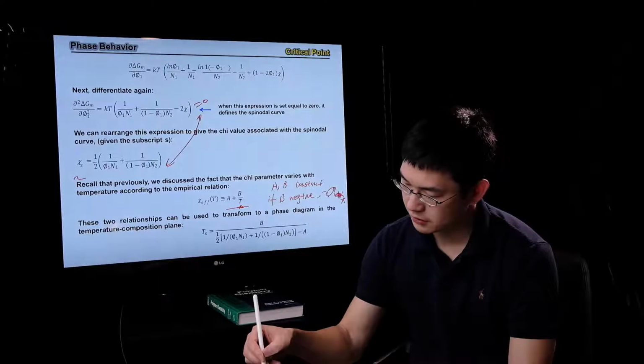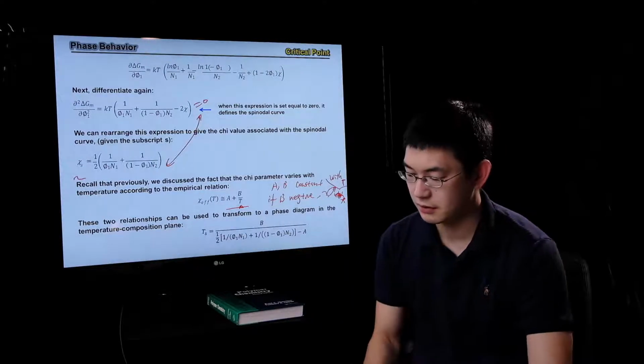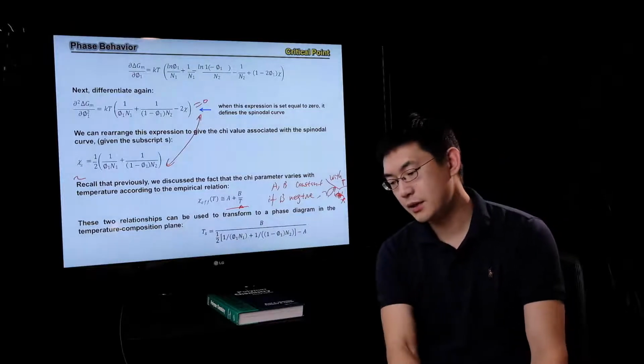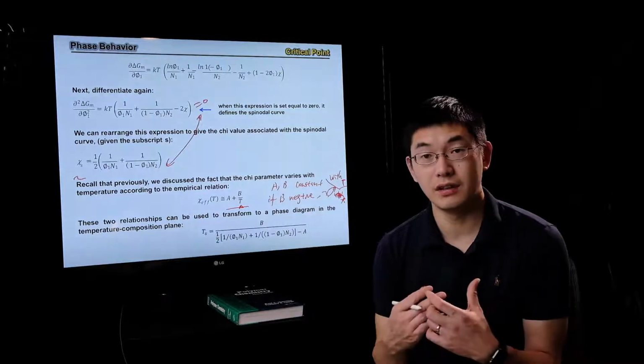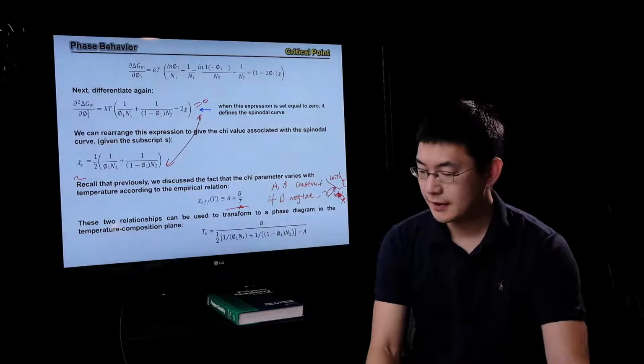It's a little bit hard to read, but chi increases with T is what I wrote here. And there's also the case where B is positive, and then it's the other way around. The temperature goes up, your chi drops.